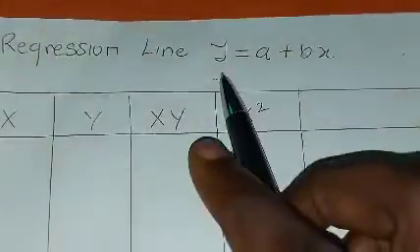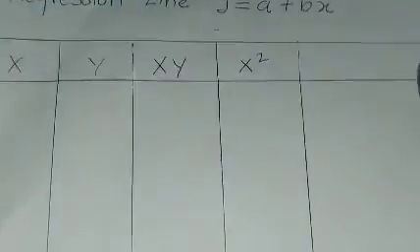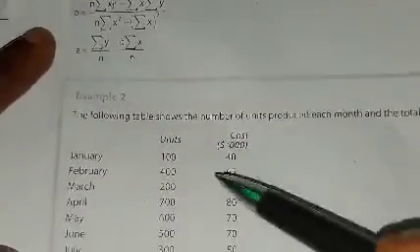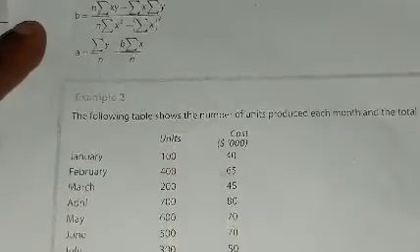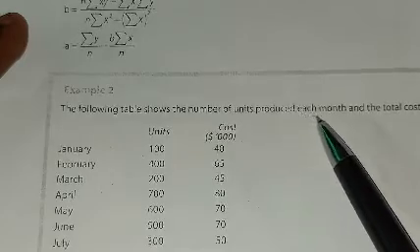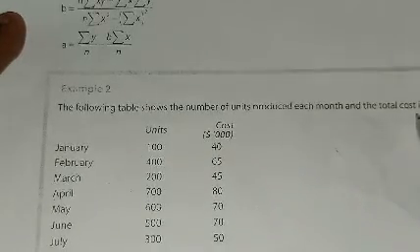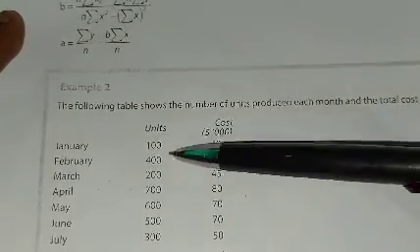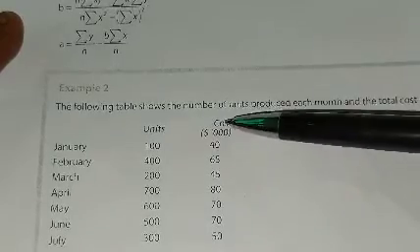All right, this is the regression line. Then look at this question. The following table shows the number of units produced each month and the total cost incurred. So this is the units produced and this is the cost.